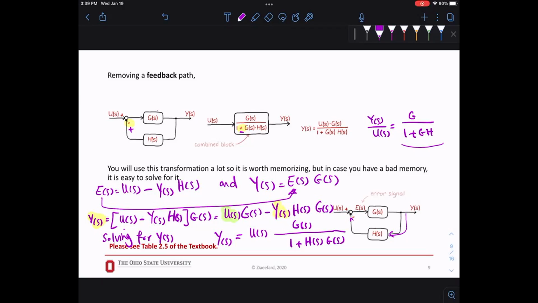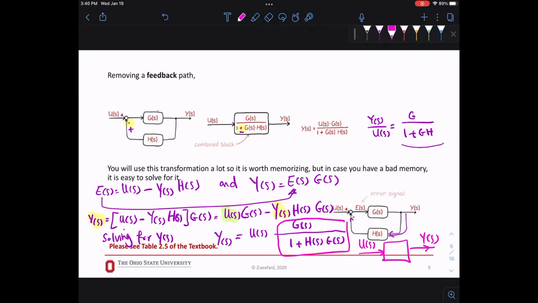So now you see that this box is this box after simplification. Right, so we simplified that. If you forgot how to do the feedback loop, it's very quick, you can write it.